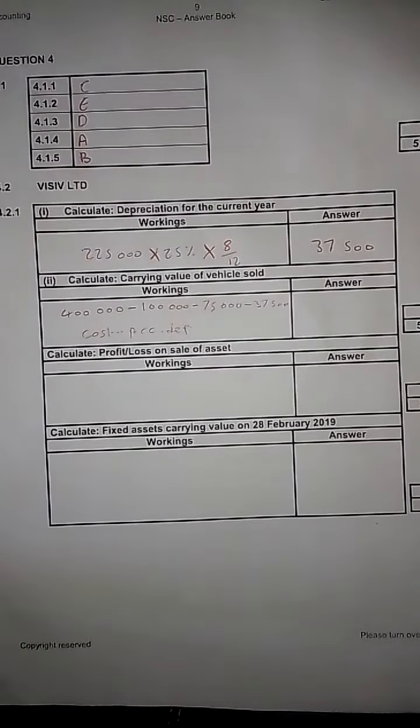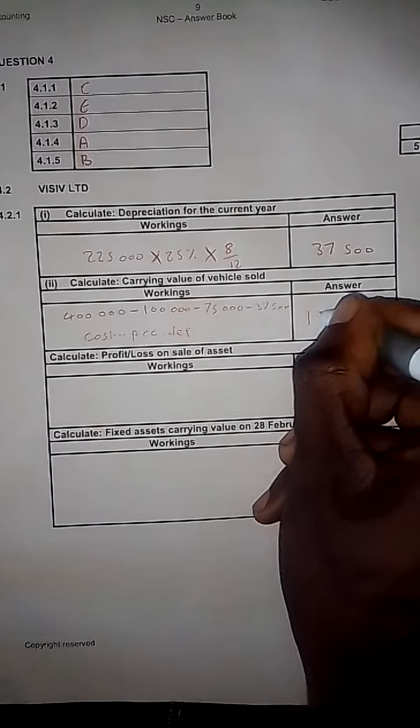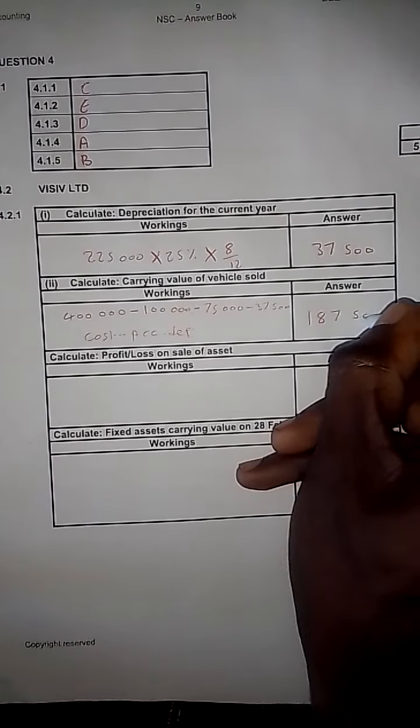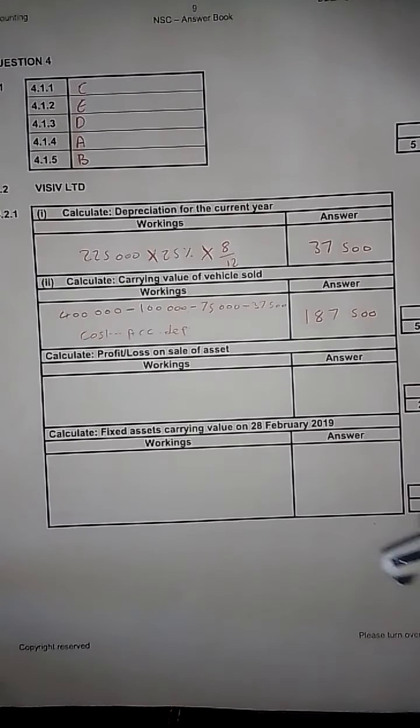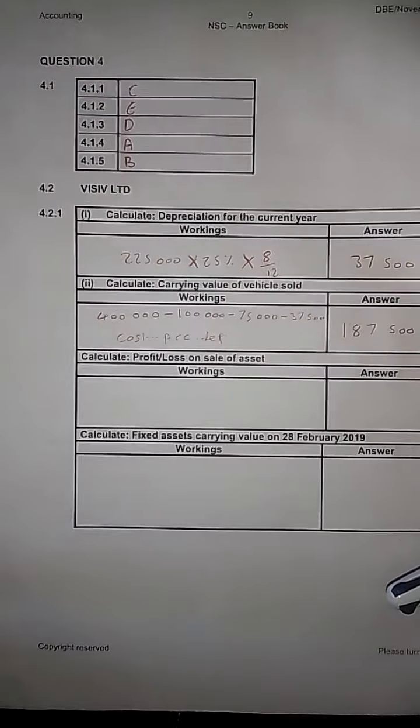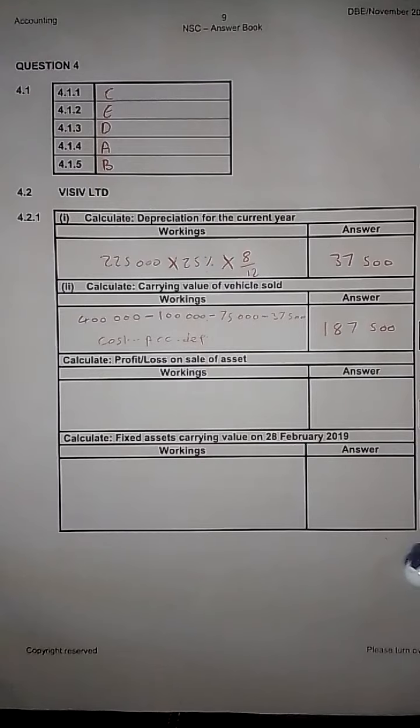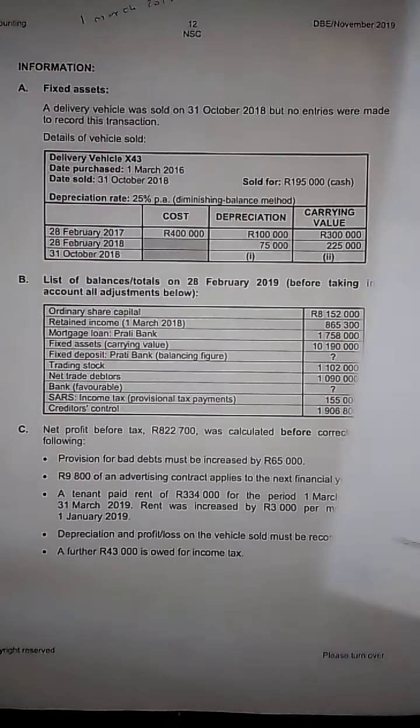Then if you calculate the total, you're going to get 187,500. Then you will be done with Roman figure number 2, which is 5 marks. I hope this one is simple. Then let's go to the following question.